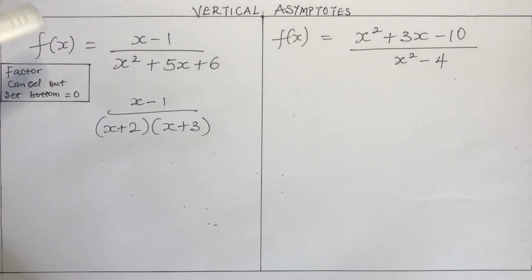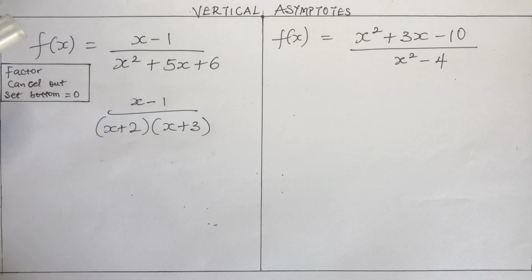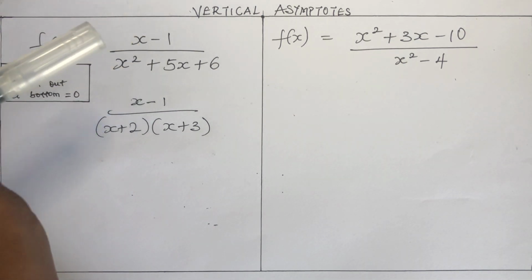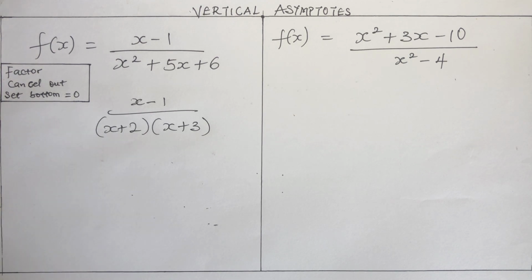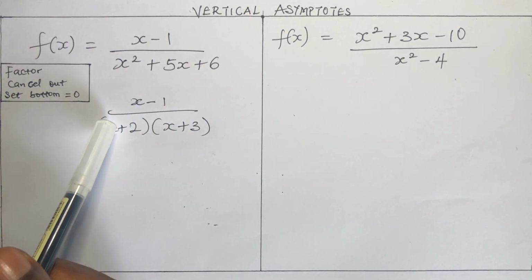So we have taken the first step to factorize the function, both on the numerator and the denominator, right? And now we'll check if there is any common factor we can cancel. But in this case, we don't have any common factor here.